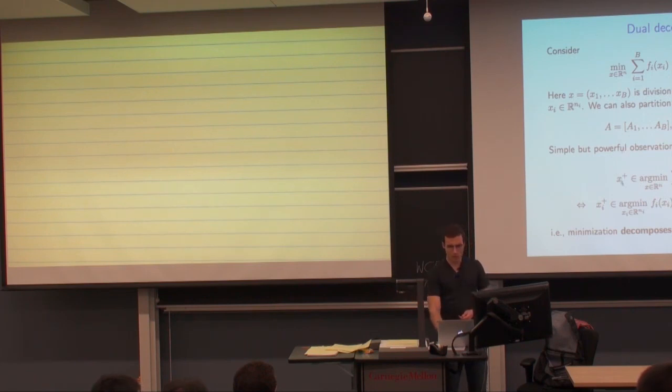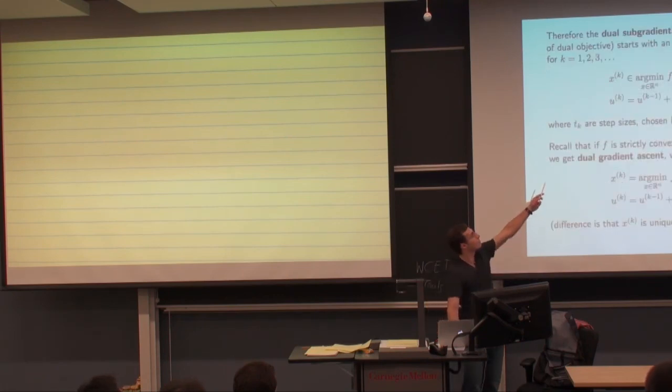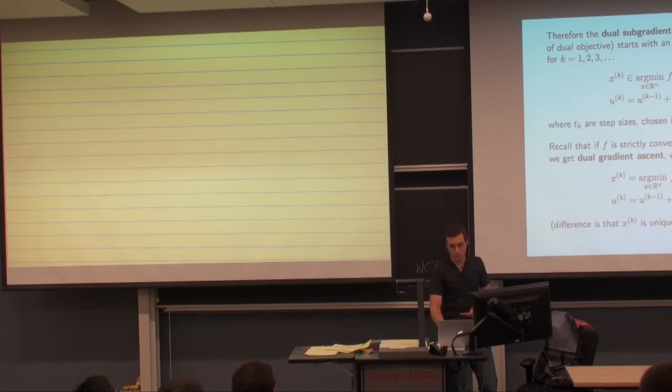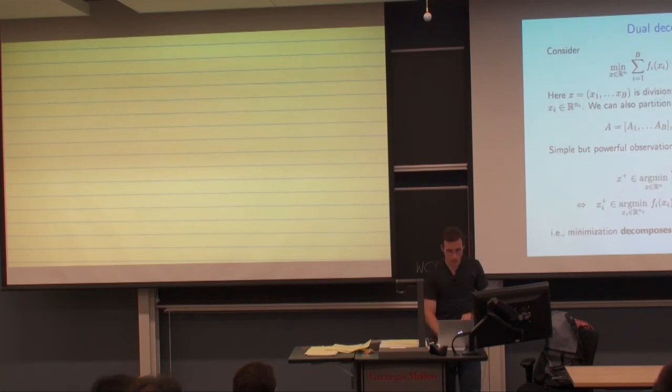We're going to proceed exactly like we did here, where we minimize f of x plus u transpose Ax. Here f is a sum, so it's the sum of f_i of x_i plus u transpose Ax.